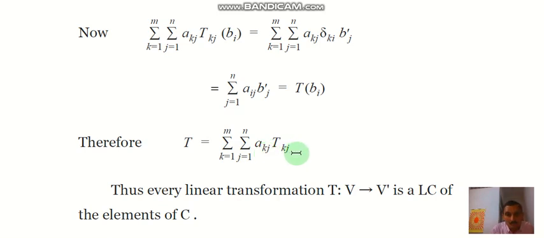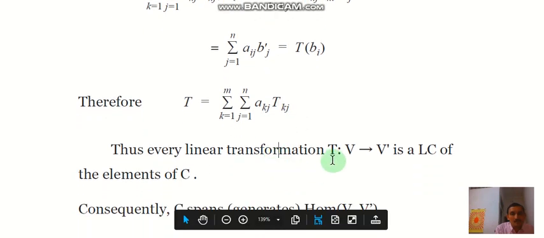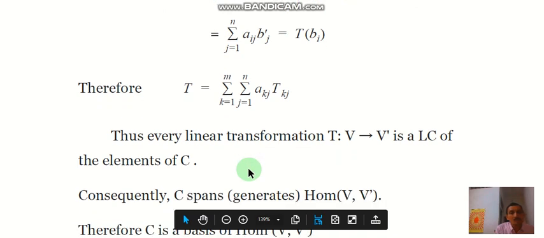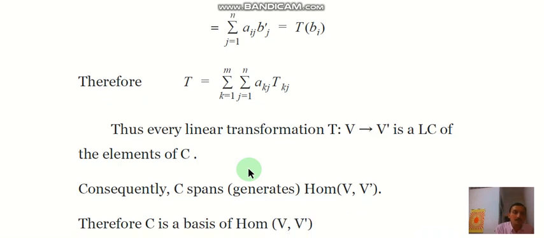In this way we have shown that for any element T of Hom(V, V'), T can be expressed as a linear combination of the Tkj. Thus T is a linear combination of the elements of C. So we have shown both properties, linear independence and the spanning property.